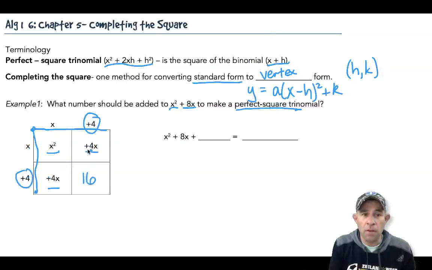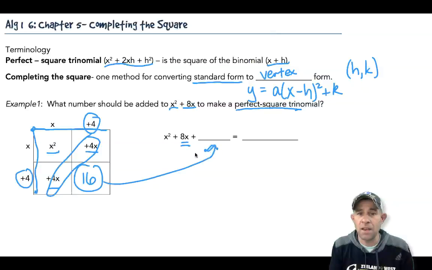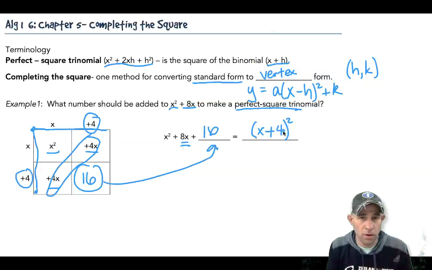If I add up all these terms, this 4x and 4x give me my 8x. Therefore, to make this perfect square trinomial, we would add this 16 in, which is the square of 4. Therefore, this perfect square trinomial is really the square of the binomial (x plus 4) quantity squared.